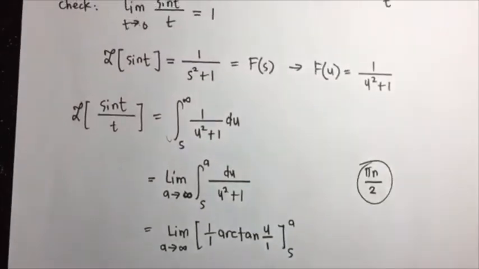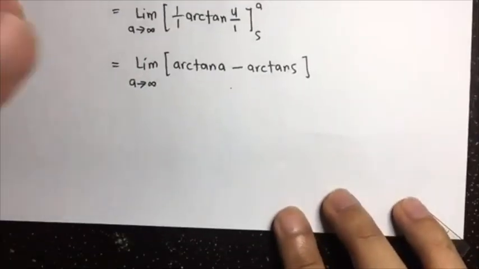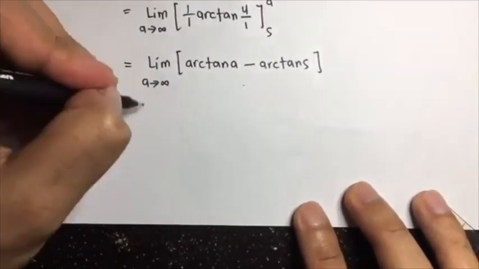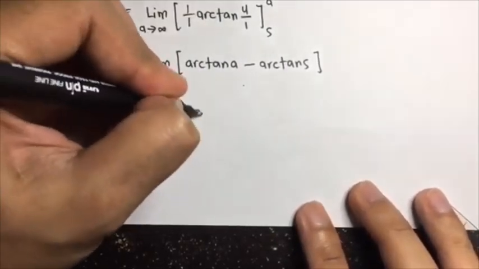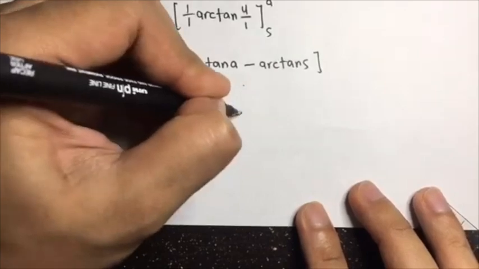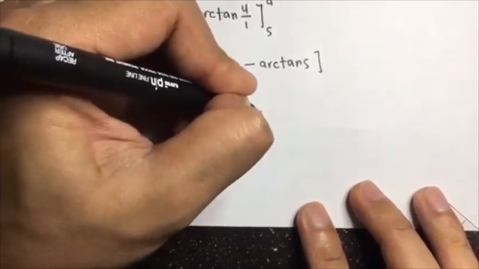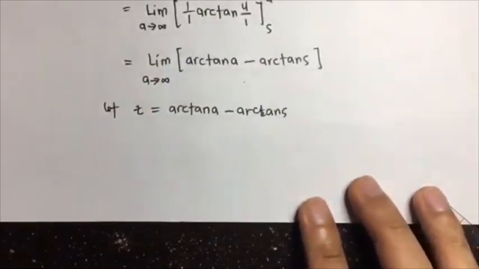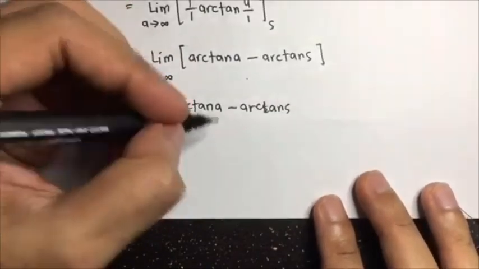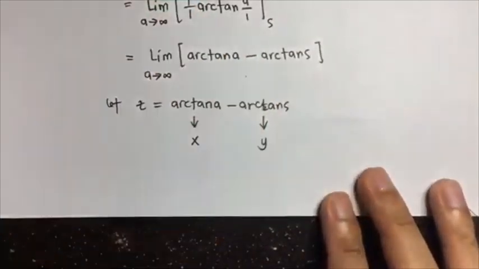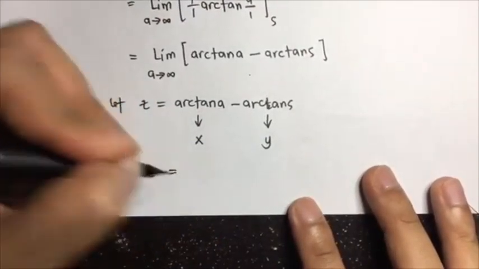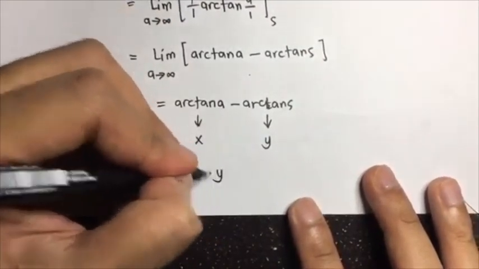If we let z, for example, be arctan of a minus arctan of s, and we also let arctan of a be x and arctan of s be y, then we will have z equal to x minus y.